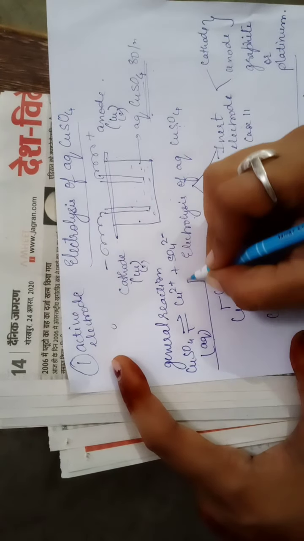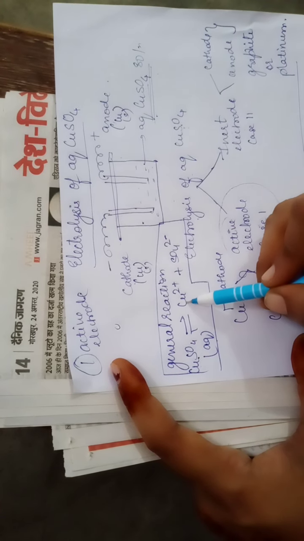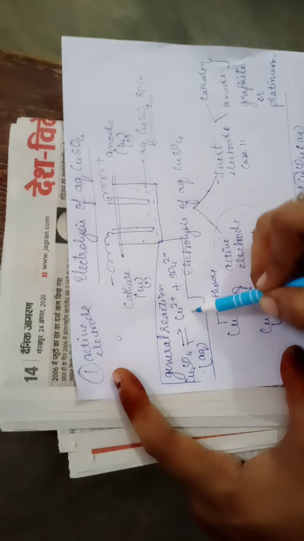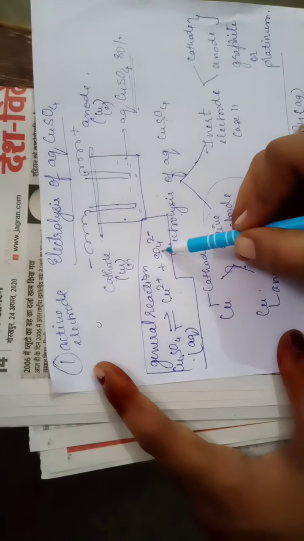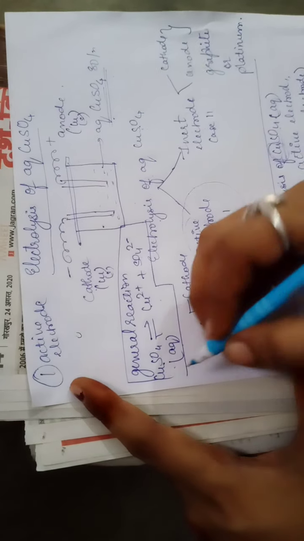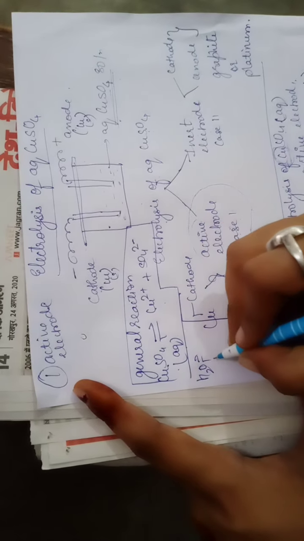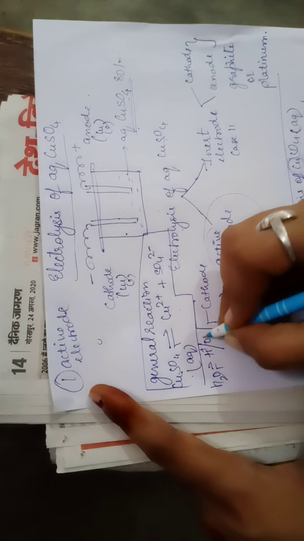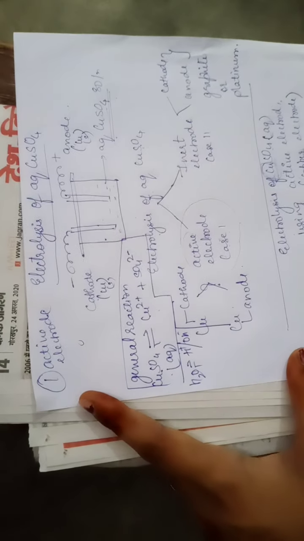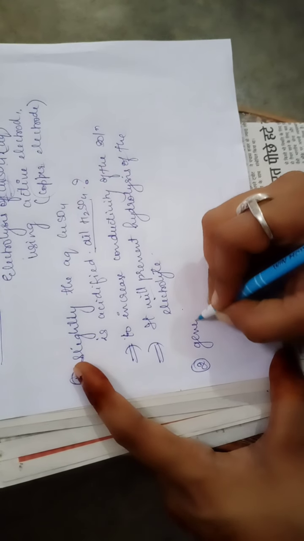Are you getting? This is the equation. CuSO4 will dissociate to give you copper ions and sulfate ions. Now in this case, water is also present, H2O is also there, so it will also dissociate into H+ and OH- ions in the solution. Okay. So you need to remember, the second thing is the general reaction.